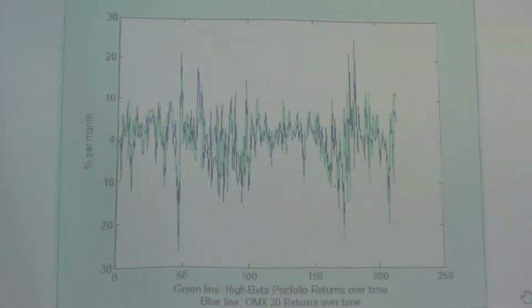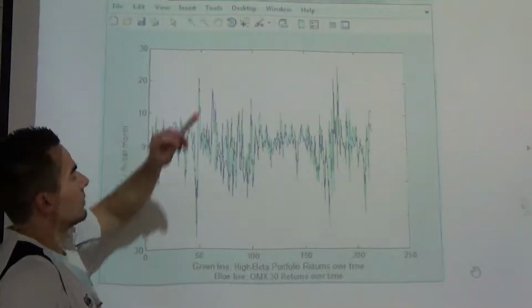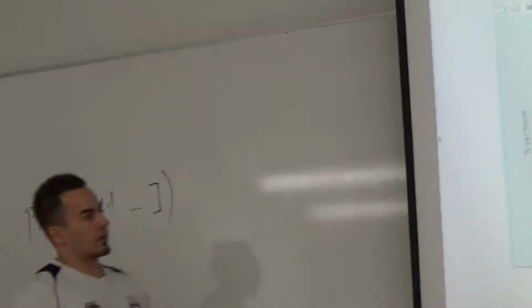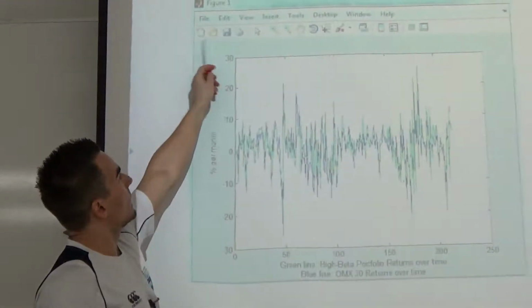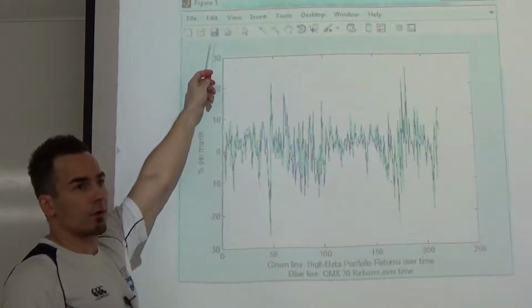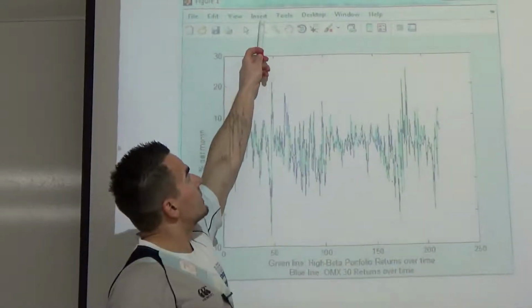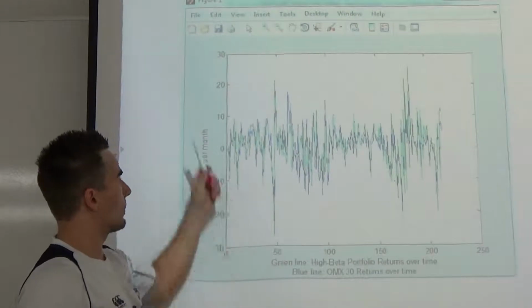And I told you, if you go on insert here, first you plug in the plot command, then Matlab spits out this graph, and then you can go on. If you take the third button here, it will store this file. Then you have to give it a name. If you go on insert, you can give it descriptions for the x-axis and for the y-axis.